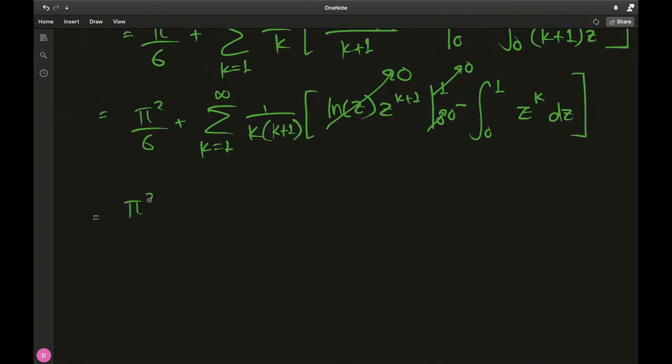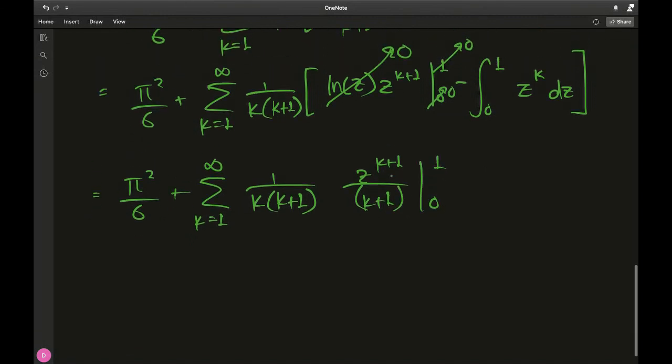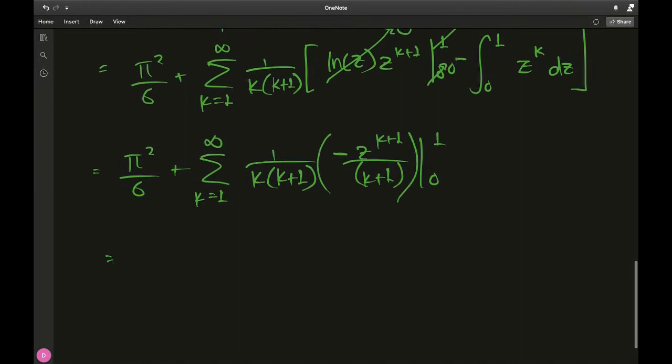So finally we have pi squared over 6 plus sum from k equals 1 to infinity of, well, the antiderivative of this is pretty easy to calculate. Z to the k plus 1 over k plus 1 evaluated from 0 to 1. And yeah, there's a negative also, because there was a negative here. So when you plug in 1, you'll just have 1, and then for 0 you have a 0.